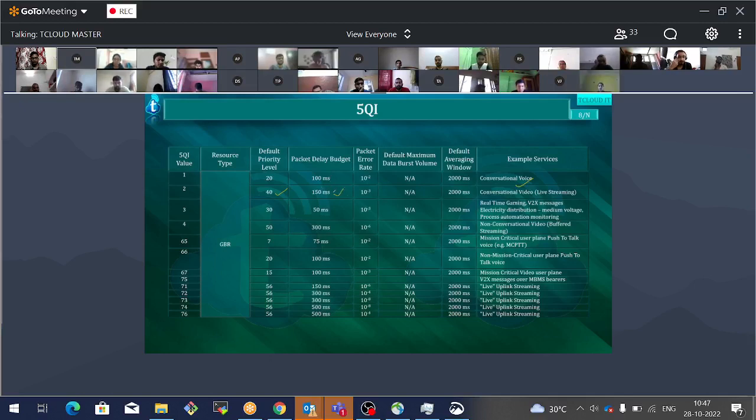So the network is allowed a little extra time in the case of video, not in the case of audio, only in the case of video. Packet loss rate is reduced to 1 in 1000 in this case. One in 1000 packets you are allowed to lose. Again, the averaging window is 2000 milliseconds. But whatever the promised data rate, according to it, the packets will be carried.